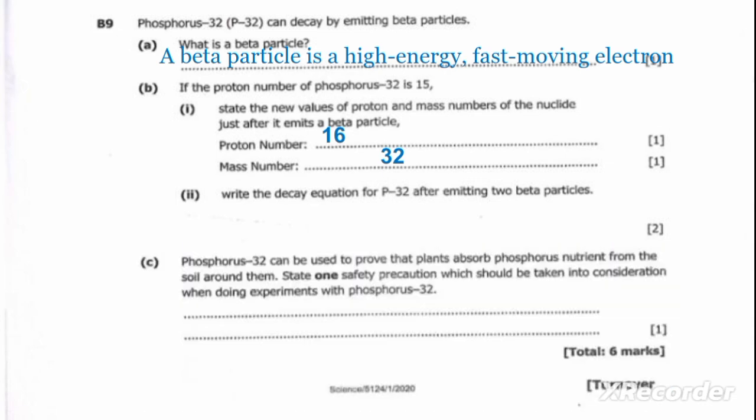Let us move to the last part of question 9, which is question C. Phosphorus-32 can be used to prove that plants absorb phosphorus nutrient from the soil around them.